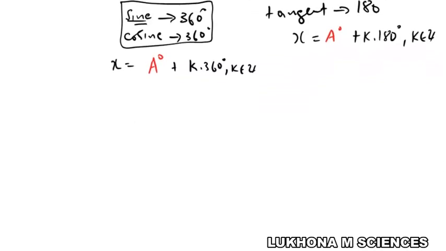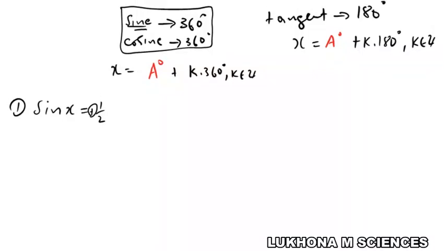The first example that I have is sine x is equal to 1 over 2. So if we look here, sine is positive. Then which quadrants is sine positive?